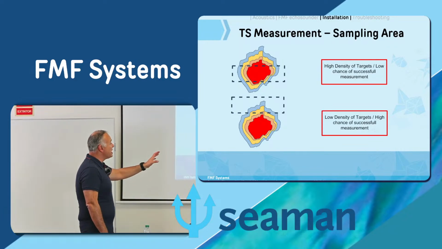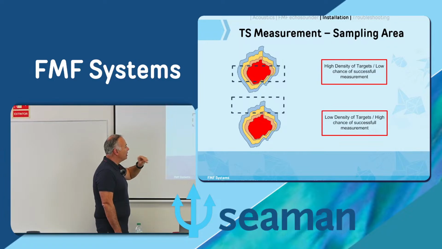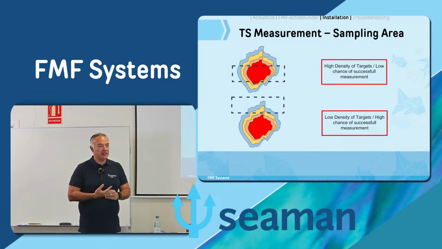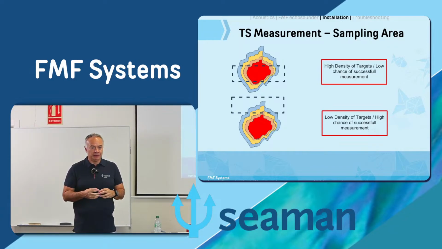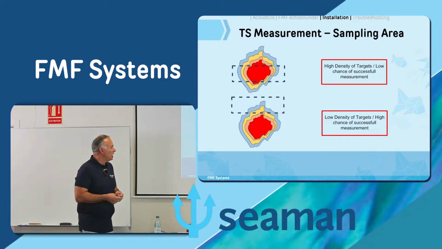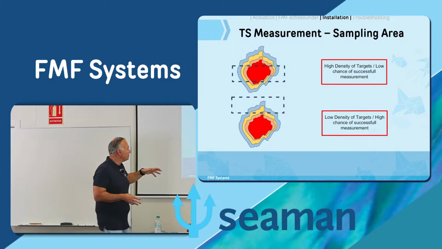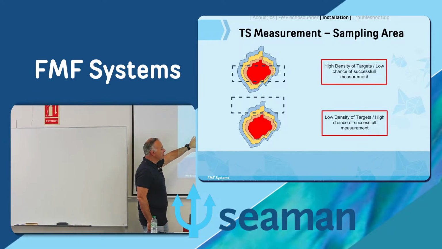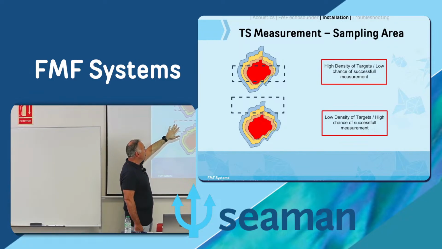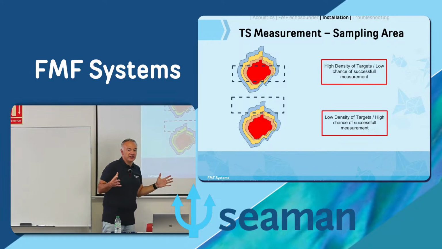In situations of high density, we always ask the client, the skipper, to measure that target not by selecting an area that covers all the targets, but instead by making smaller sampling areas and moving that sampling area all around the shoal, because generally speaking shoals are dense in the center and less dense in the edges.